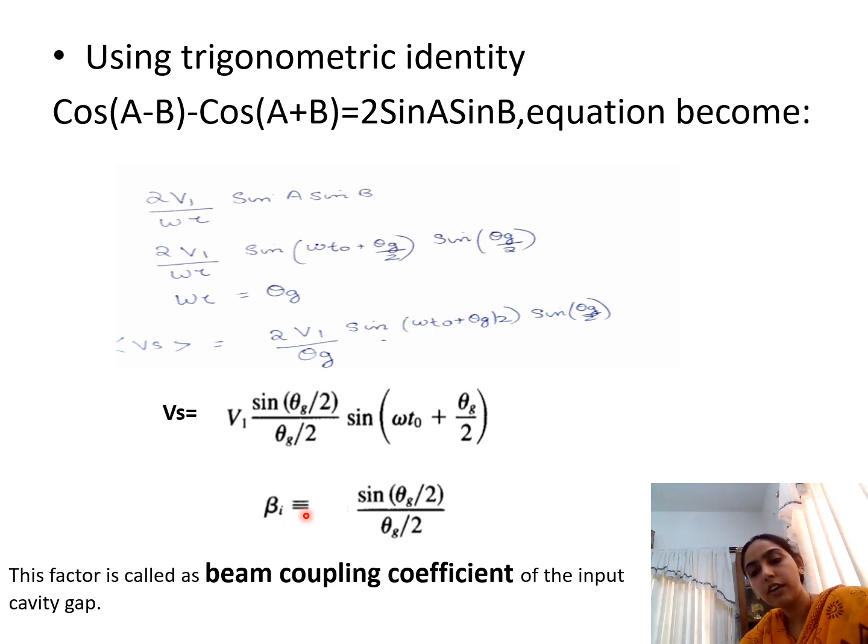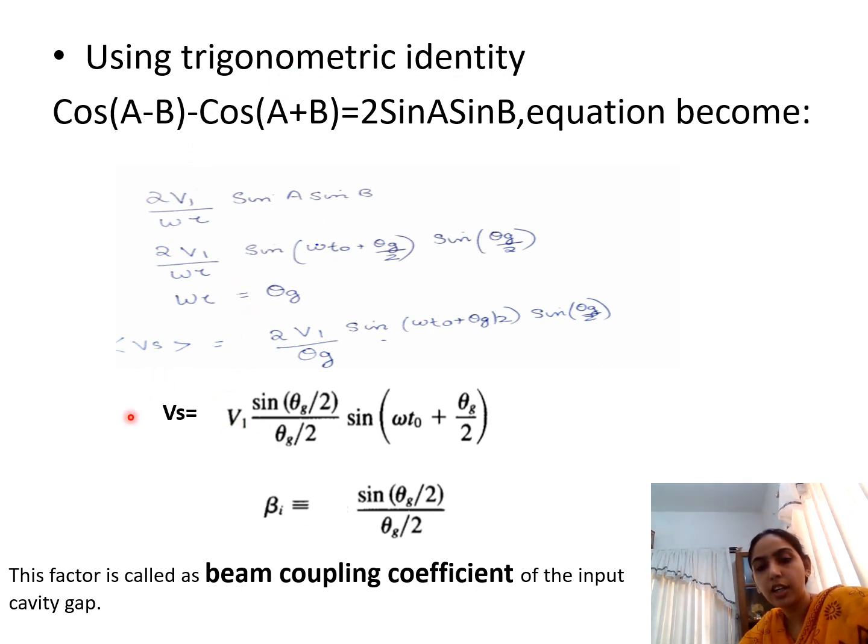So first of all, we have written the equation for the microwave voltage at the Buncher gap. We have integrated it with respect to tau to find the average microwave voltage existing inside the Buncher cavity. Then we have taken an assumption for constants a and b. Then by using the trigonometric identity, we have written the equation as such.